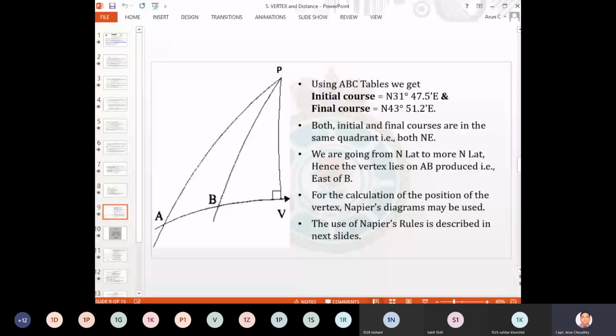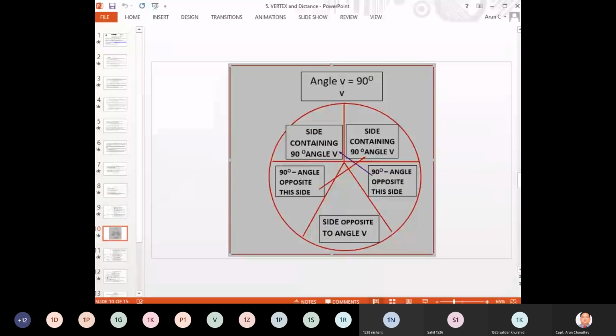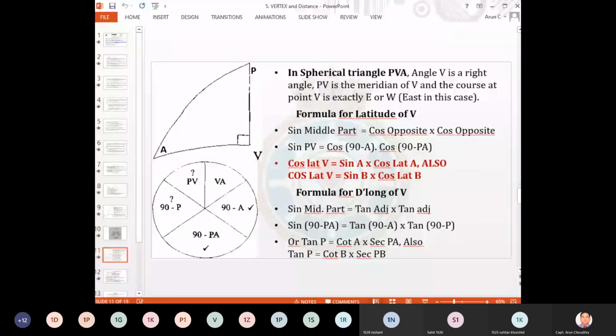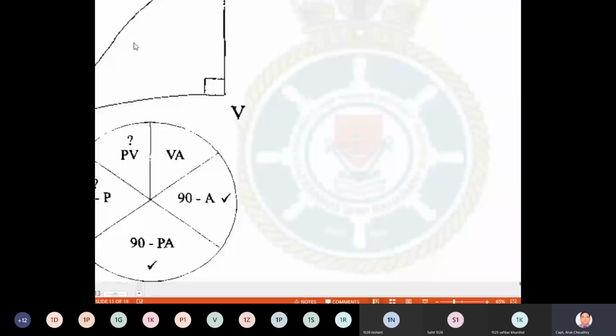Okay. Now, just compare your Napier diagram with the one which is being shown here. You are still able to see the PPT? No, sir. Yes, sir, but it's zoomed in now. Is it?